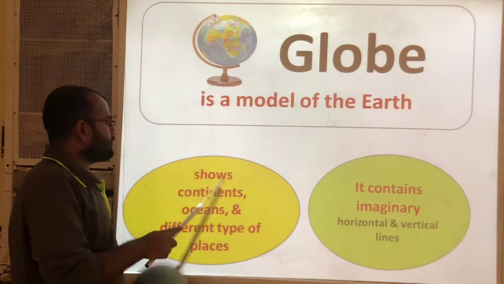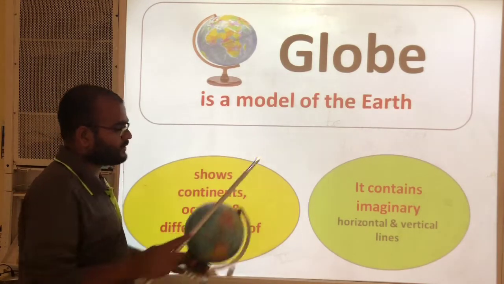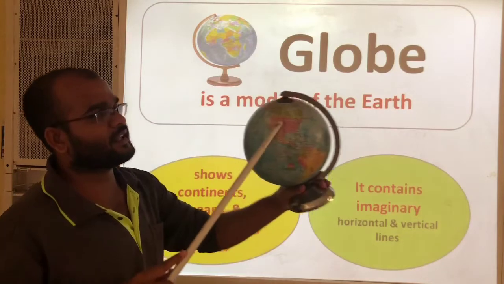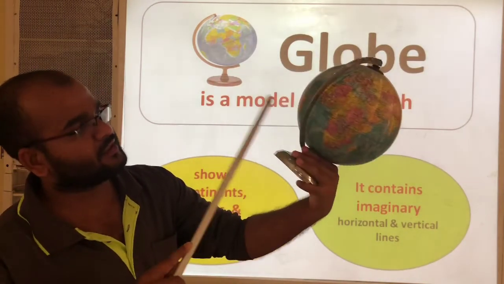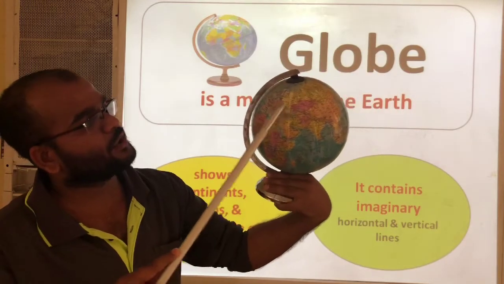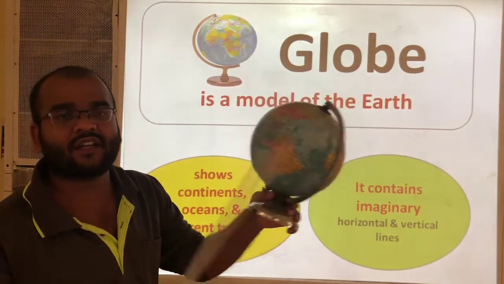And this globe shows continents. We can find continents: North America, South America, Africa, Europe, Asia, and Australia. All continents we can see here.